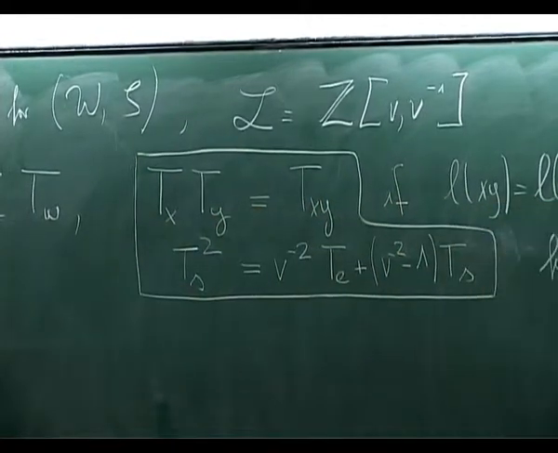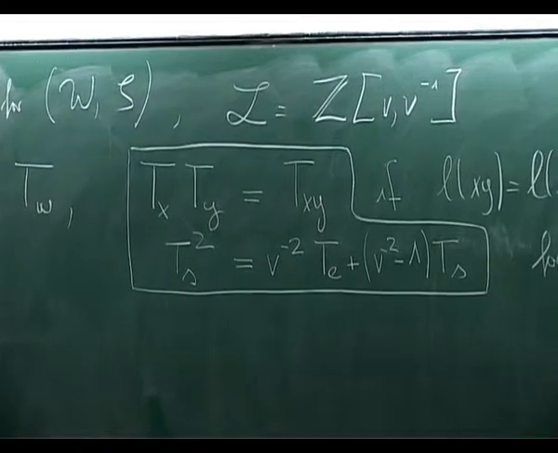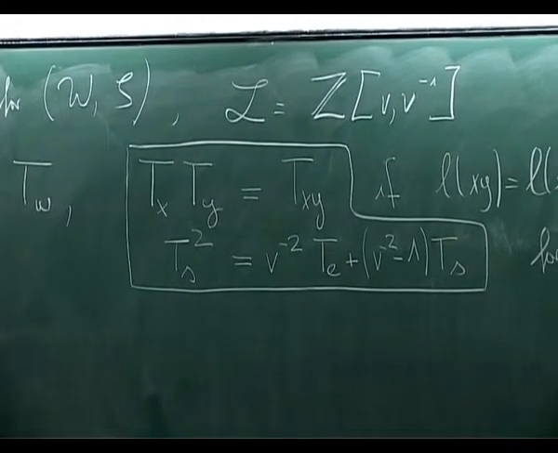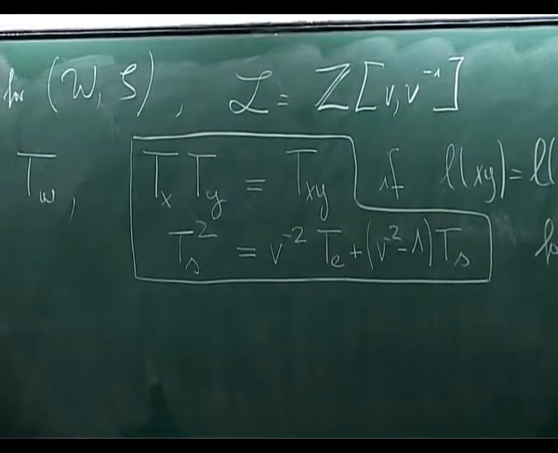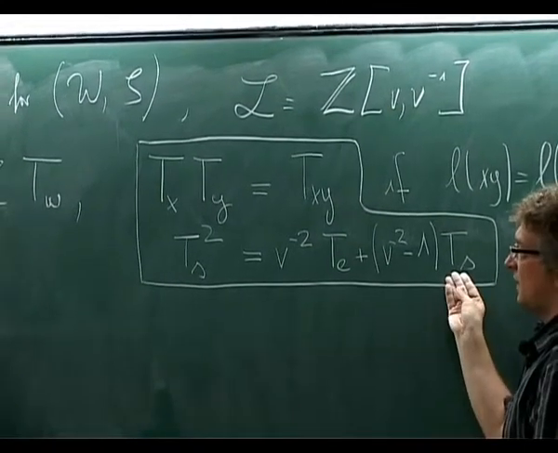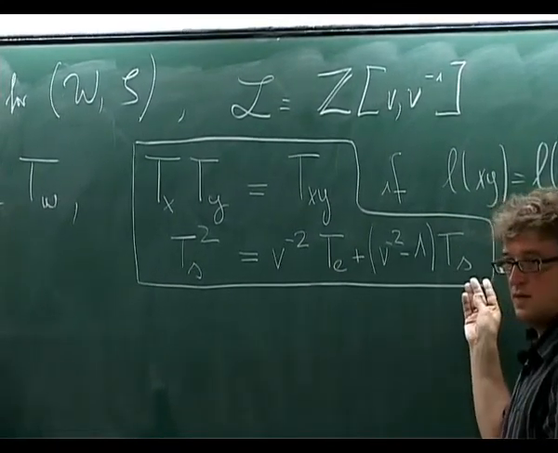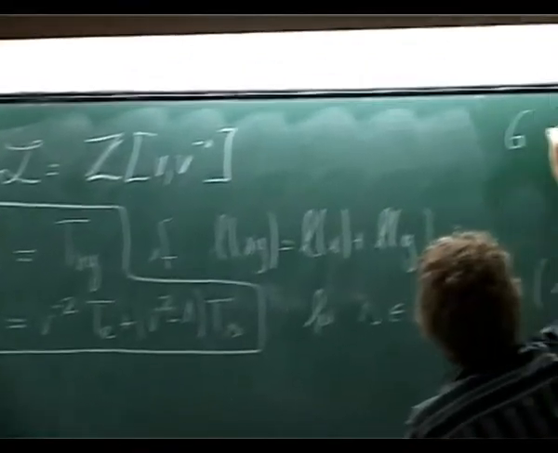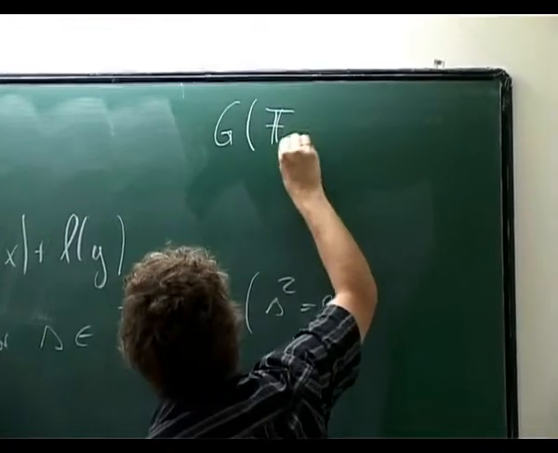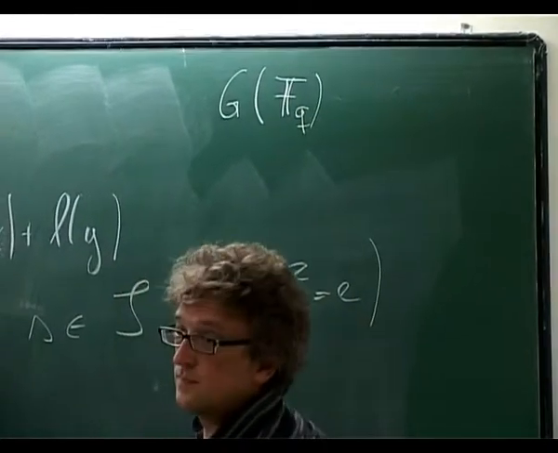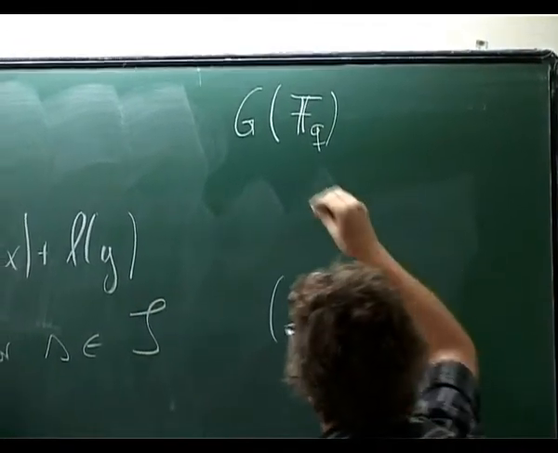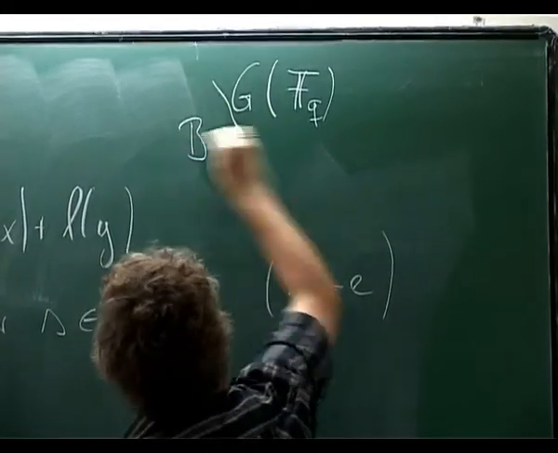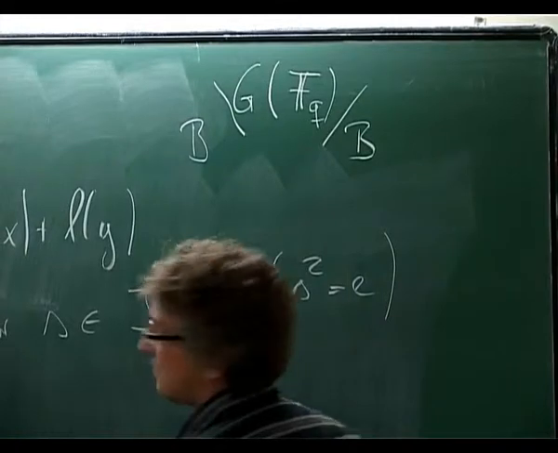So it's not clear that this actually defines a multiplication, and of course writing it down is easy. But I should at least tell you where it comes from. If you look at the corresponding group over a finite field of q elements, then you can look at bi-invariant functions.